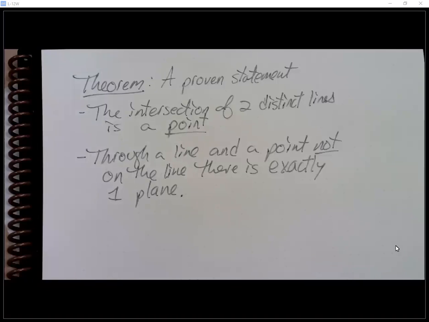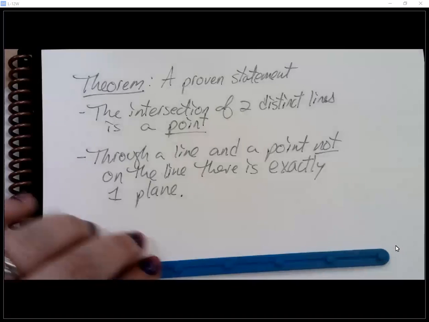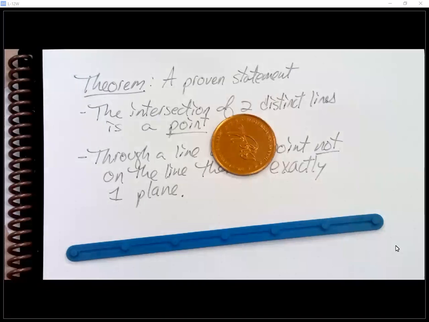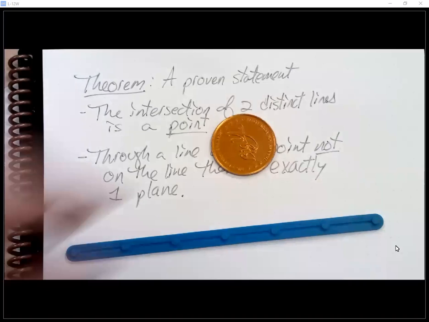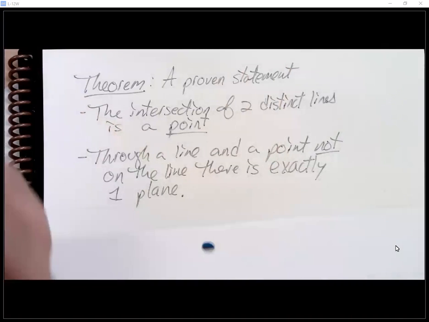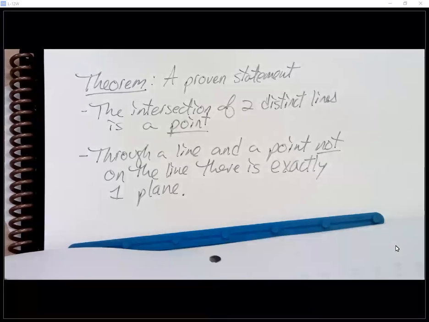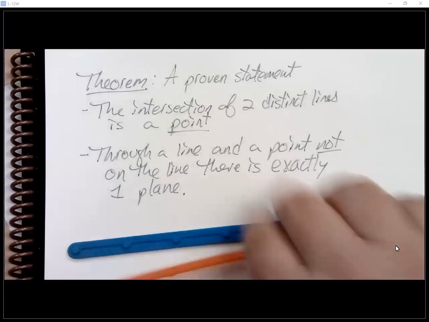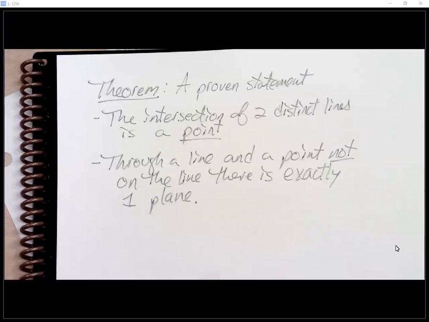It's nice and easy to see flat on paper. Here's my line and here's my point. There's certainly a plane that connects these two, it's the paper. But even if I picked the point up and moved it, there would just be another plane that connects them. So if you have a point and a line, and the point's not on that line, you can always connect those two things with a plane. And only one plane. You couldn't do a second plane. There would only be the one.